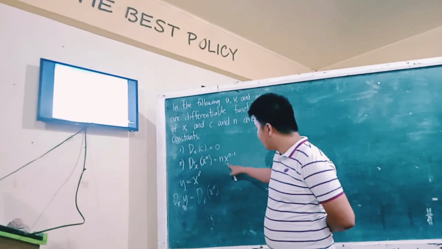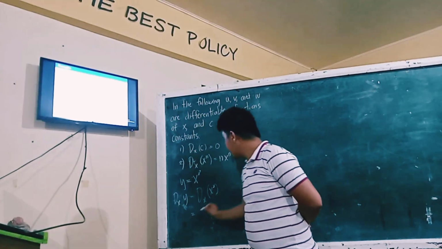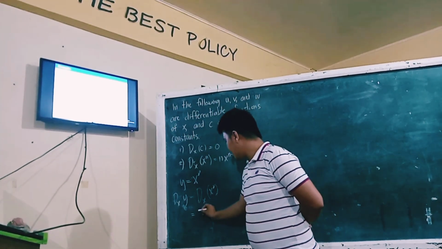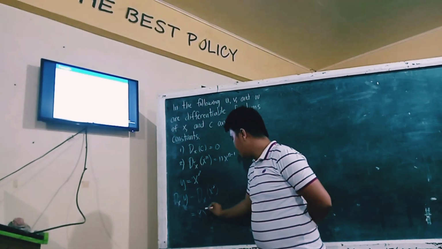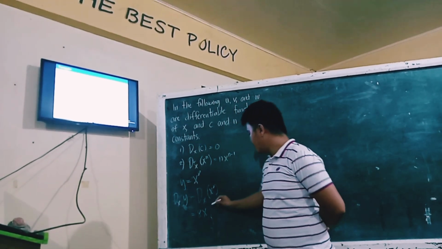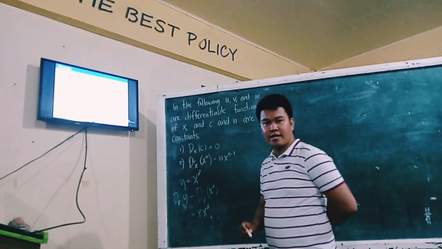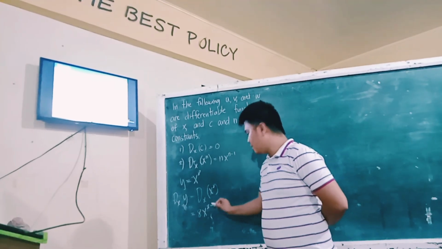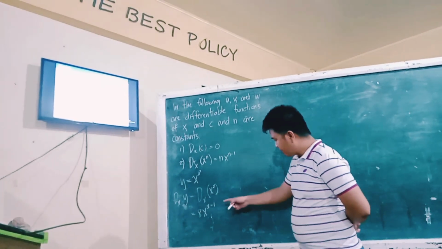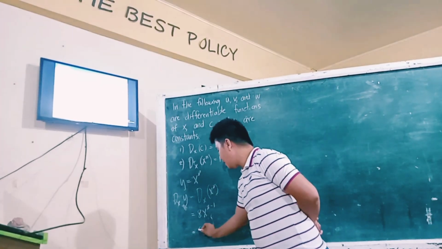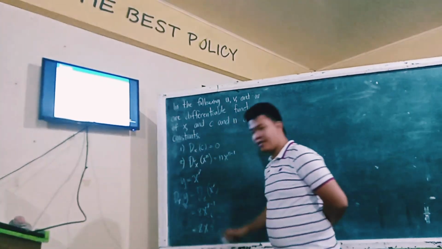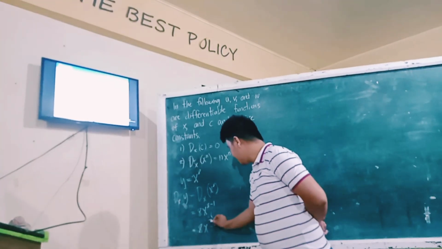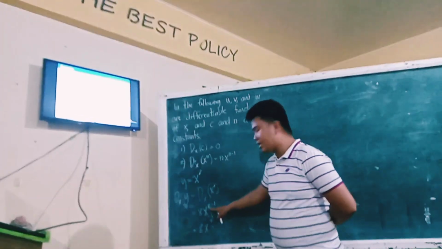By following this formula, we now have n, which is equal to 8, times x, and then another n, which is equal to 8, minus 1. Simplified, we have 8, and then x, and then we have 7, since it is 8 minus 1.